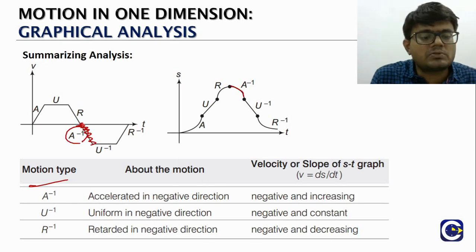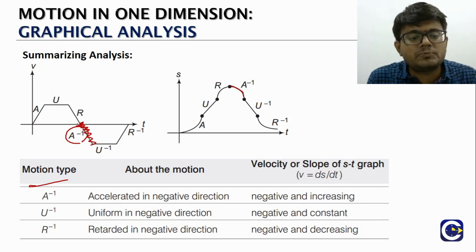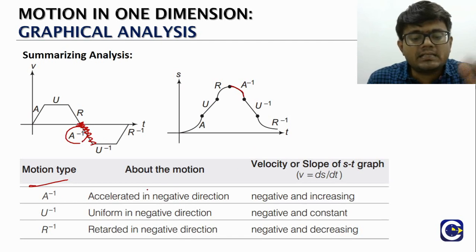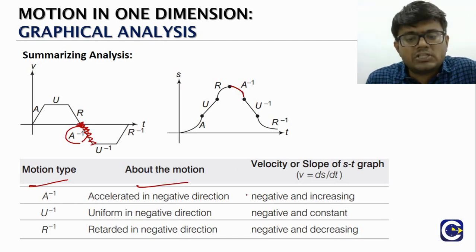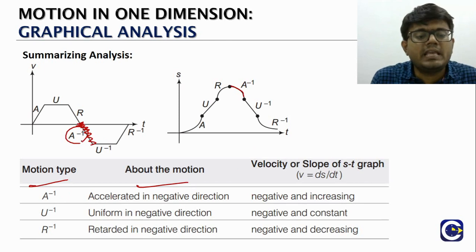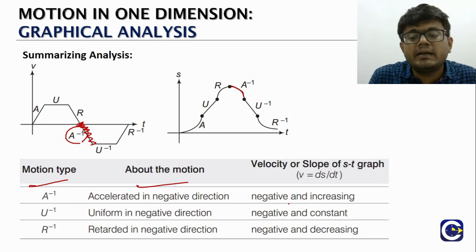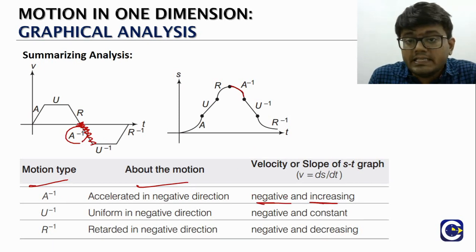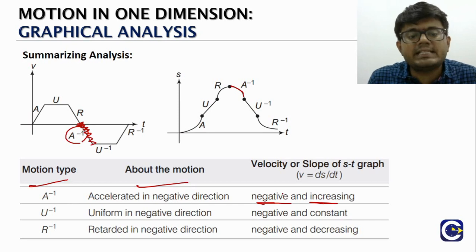Once the velocity comes to 0 at this point, it still continues to have the acceleration in the opposite direction, the negative direction. So in the R inverse part, the velocity is becoming negative, but it is increasing in the negative direction.